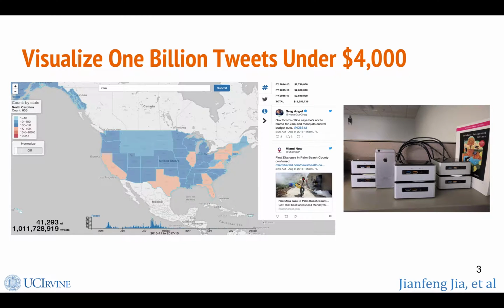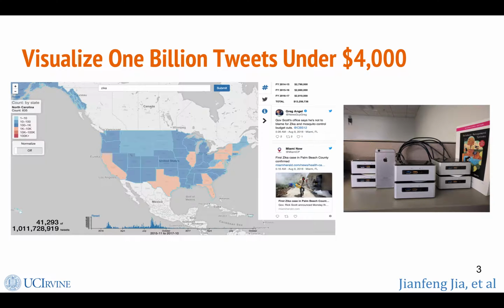Following the same design principle, we designed a visualization platform at UC Irvine, and we want to interactively visualize 1 billion tweets. The left of the figure shows a snapshot of the user interface.